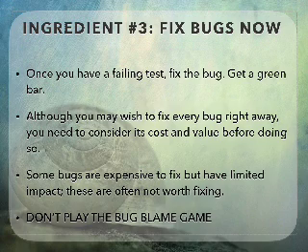Not all bugs are required to be fixed. And don't play the bug blame game, which means don't blame a teammate for raising the bug. It is a part of everybody in the team to take ownership of the code that is developed, and to clear it off every time when required.